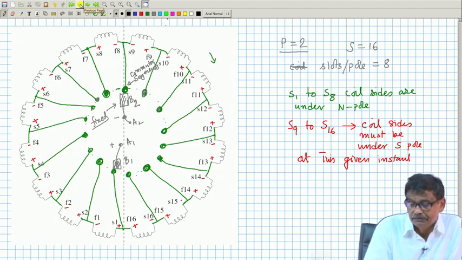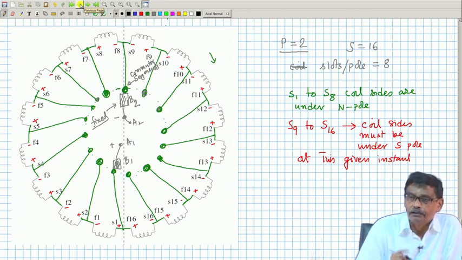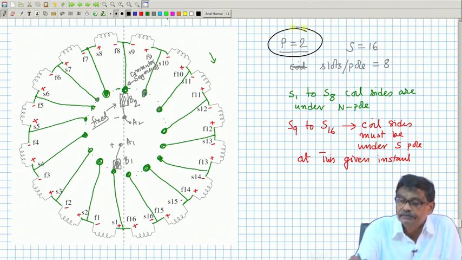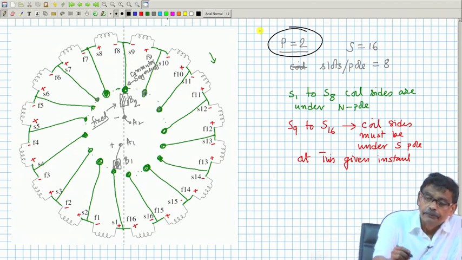To reach from the plus brush to the minus brush, you traverse either this way 8 coils and reach minus, or another alternative path is this one. So, 2 parallel paths for a two pole machine. Hopefully, you have understood this. Okay.